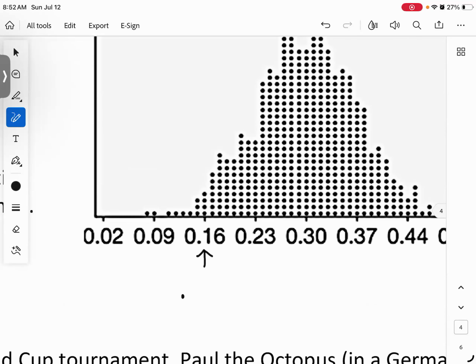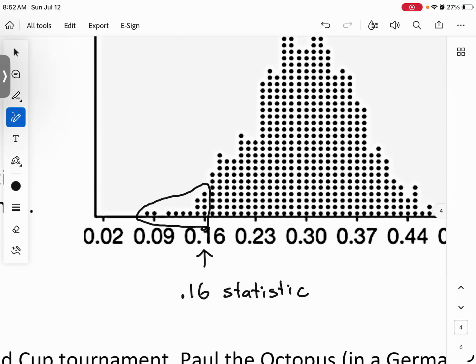And again, 0.16 is our statistic, or in other words, what was observed from the sample. And we want to calculate the p-value for that observation. And notice that there are 4 dots right above it to count, and then there are also several dots that are more extreme, or more to the left of that.